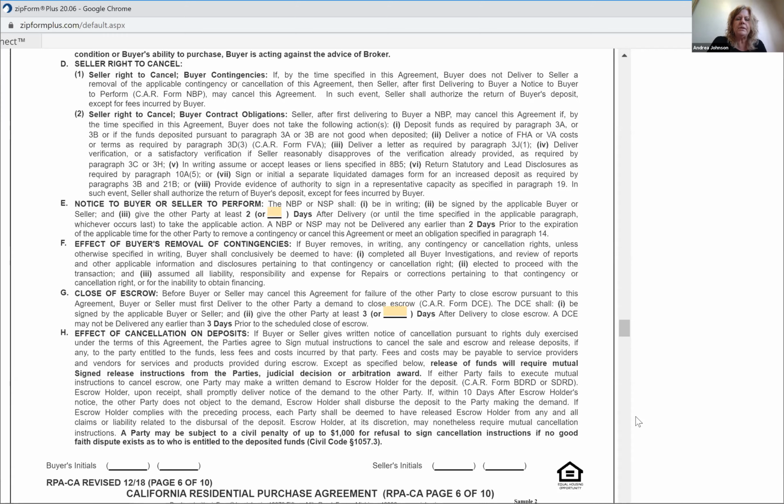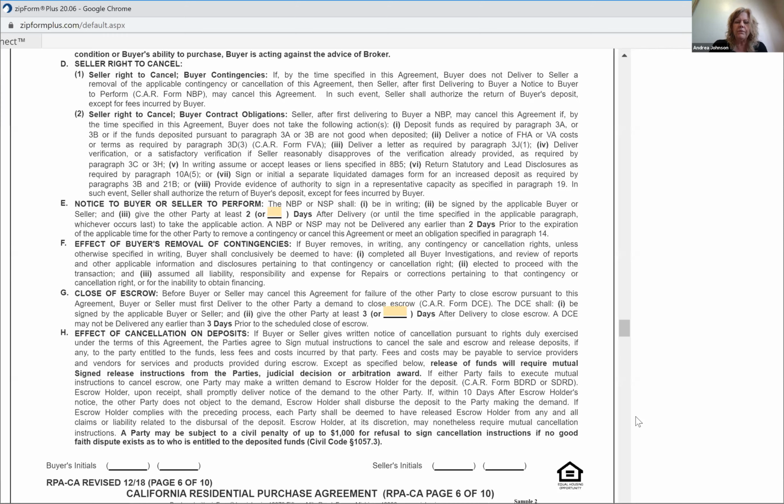So what happens is they send the notice to buyer to perform specific to the contractual action they're requesting to be performed. This gives a list of common things, like maybe the buyer didn't deposit their earnest money deposit as required by paragraph 3A, and the default there is 3 business days, or they did make the deposit, but the funds were not good when deposited.